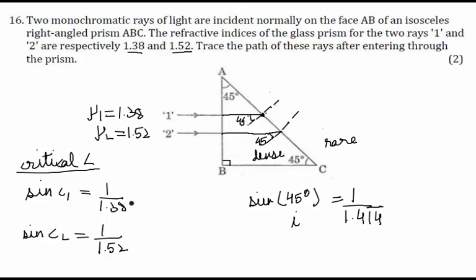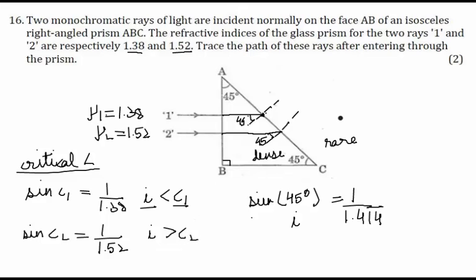Here the incidence angle is lesser than the critical angle, because sine i is less than sine C1, as 1 upon 1.414 is less than 1 upon 1.38. For the second case, something very interesting is happening: our incidence angle is greater than the second critical angle.